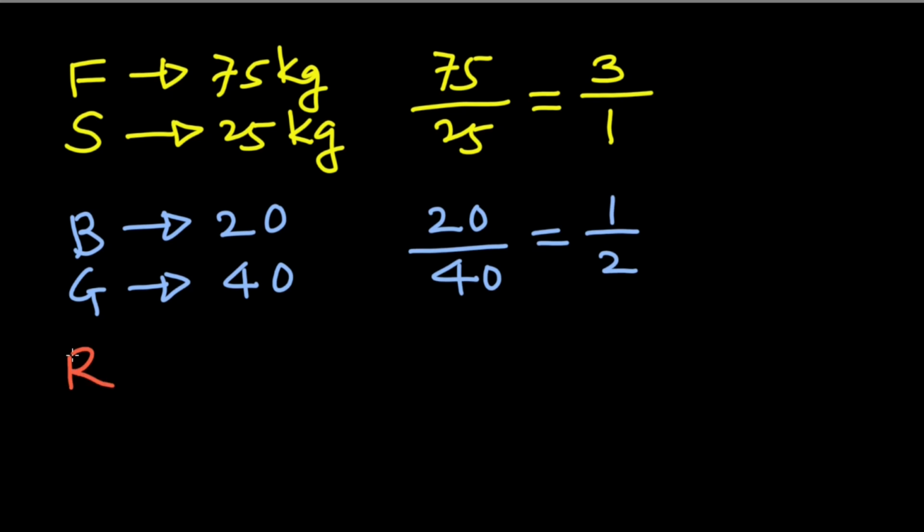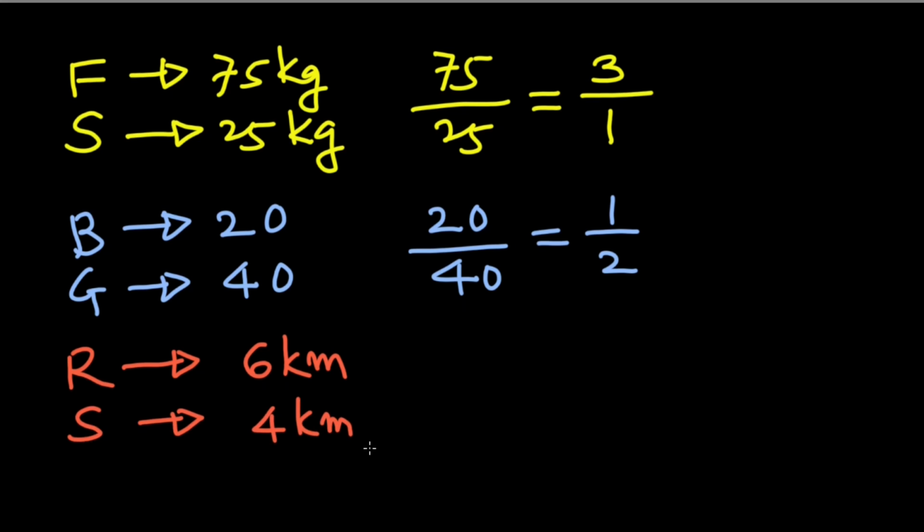If Ravi covers 6 kilometers distance in 1 hour and Sanju covers 4 kilometers in 1 hour, then what will be the ratio of the distance covered in 1 hour by Ravi and Sanju?